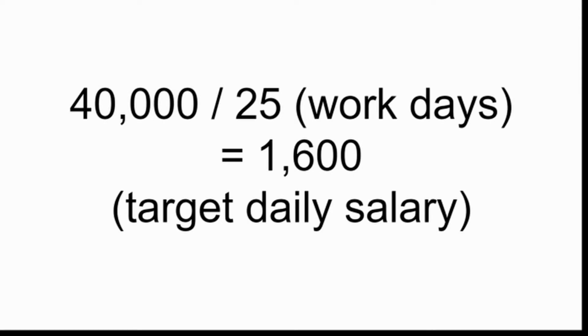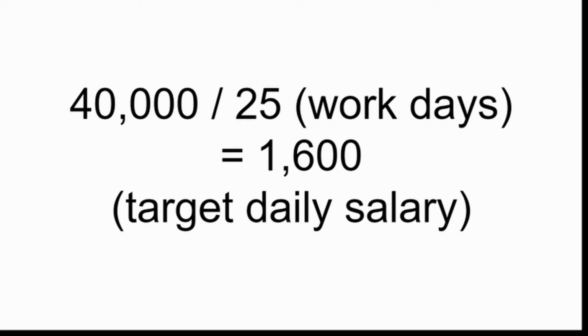And then, what you have in mind is a goal income of 40,000 a month. That's what you want to achieve when you work full-time online. So, we have to keep that in mind. Now, we want to first get our target daily salary. How do we do that? You need to think about how many days you want to work in a month or in a week.